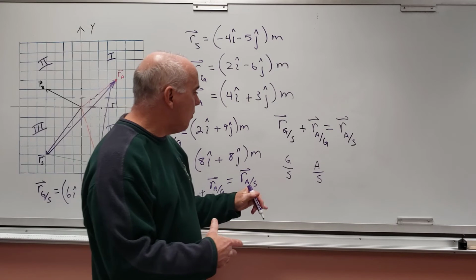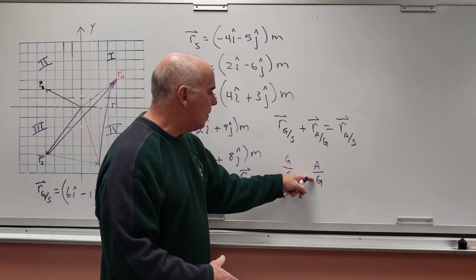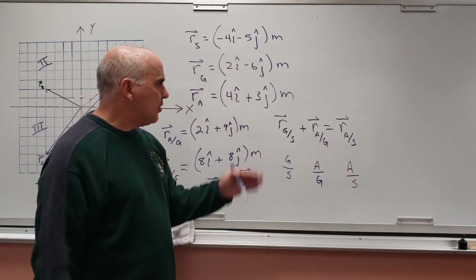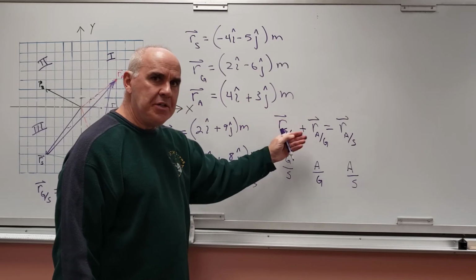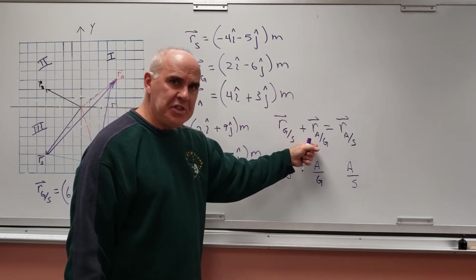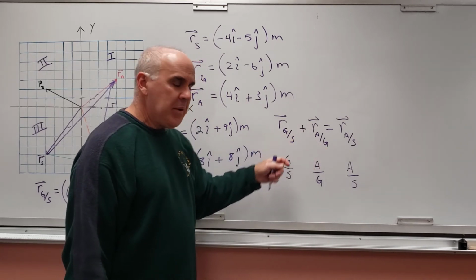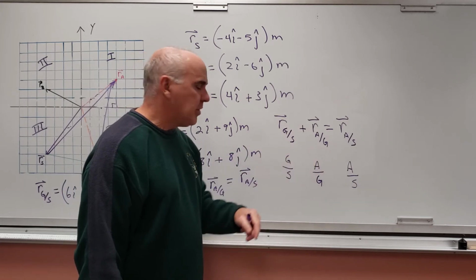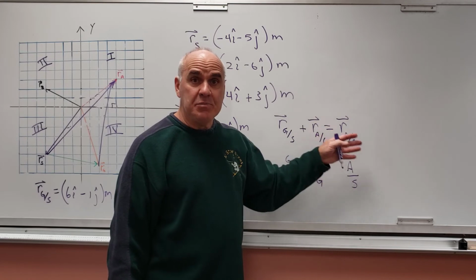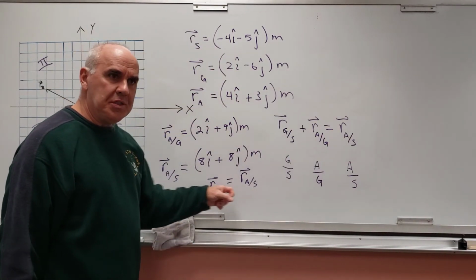The G's cancel out, and I get Adam with respect to Shelby. And so when you add vectors together and they use relative position or relative motion subscripting, the subscripts will cancel out to give you that final subscript. So this is one of the reasons I like the relative motion subscripting.